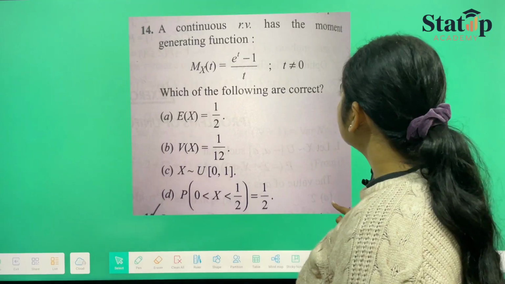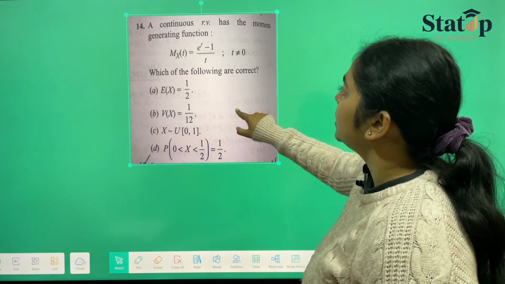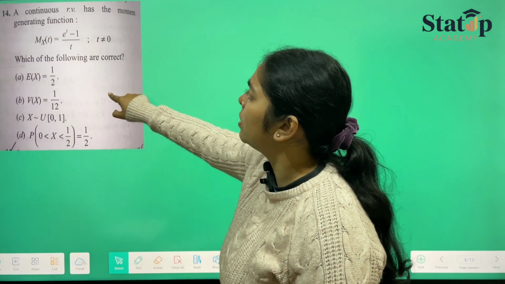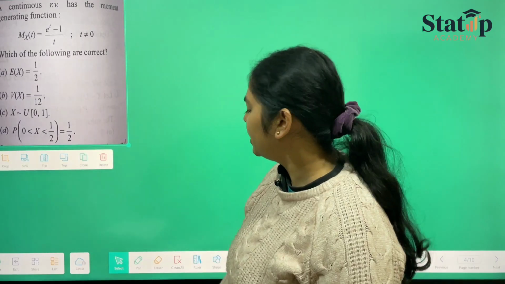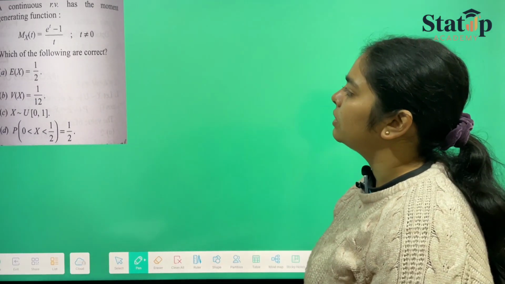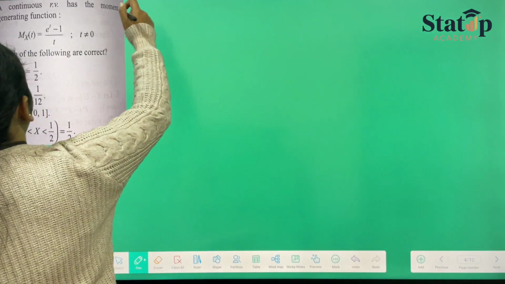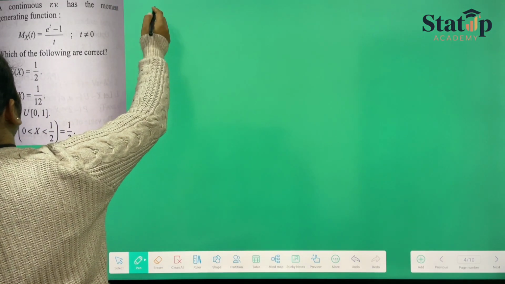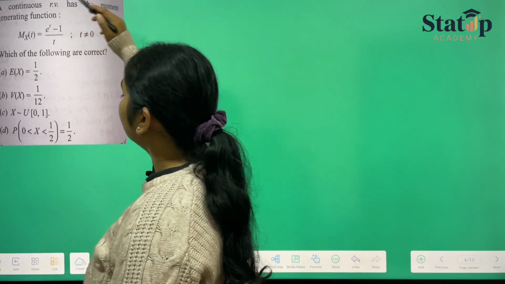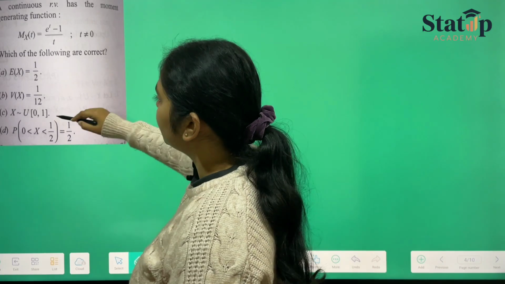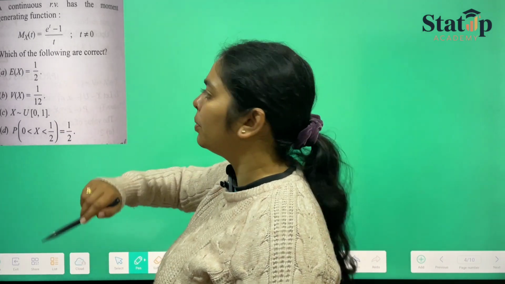Here they have given us M(t), which means they have given us the moment generating function of a random variable x, and we need to find which of the following is correct. Seeing this we can guess that it is a uniform distribution. In the options also they have given us 1 point.